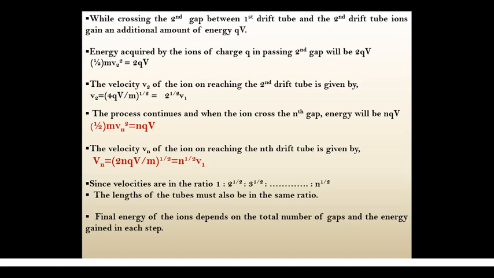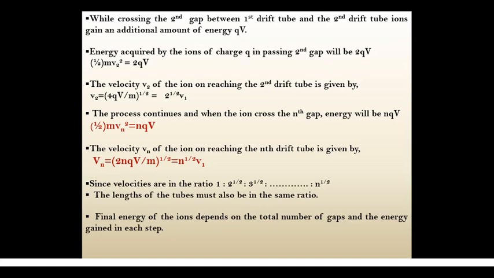In general, after crossing the nth gap, the energy will be nqV. After crossing the first gap, the energy gained is qV. After crossing the second gap, the energy attained by the particle is 2qV. So after crossing the nth gap, energy will be nqV. So we can equate energy to nqV.